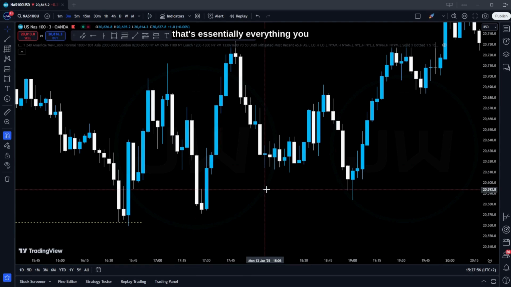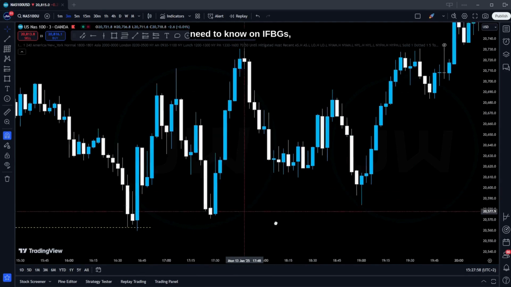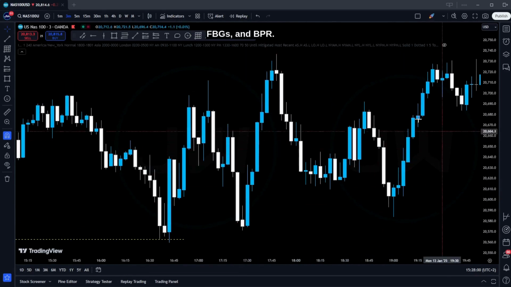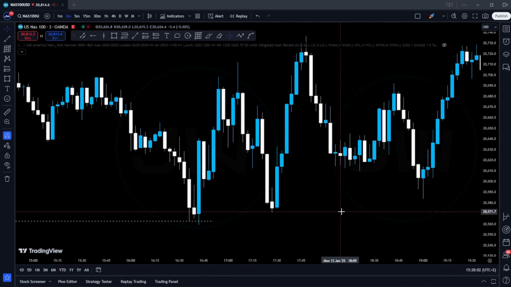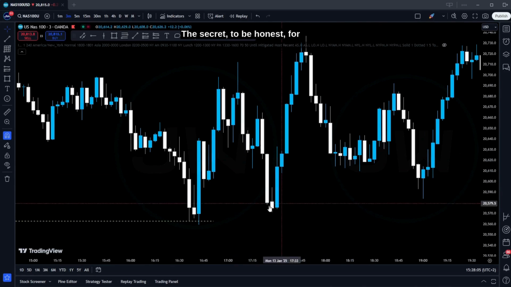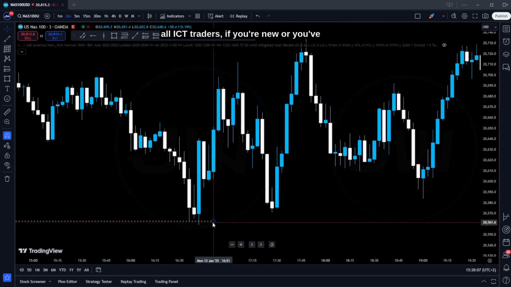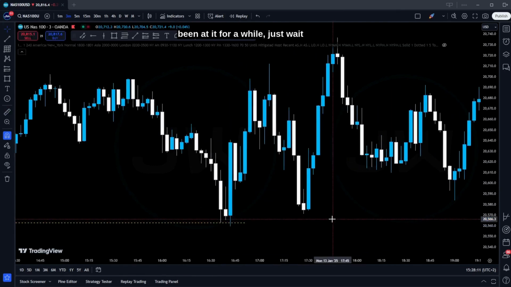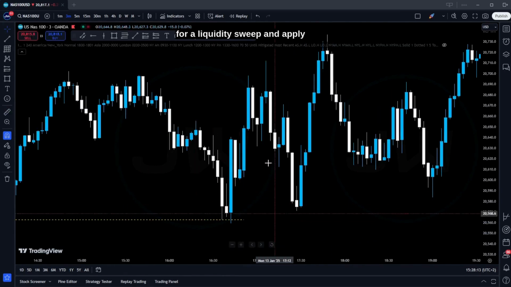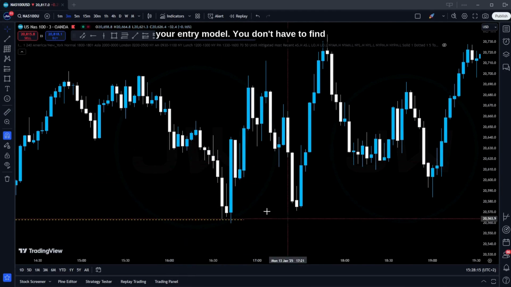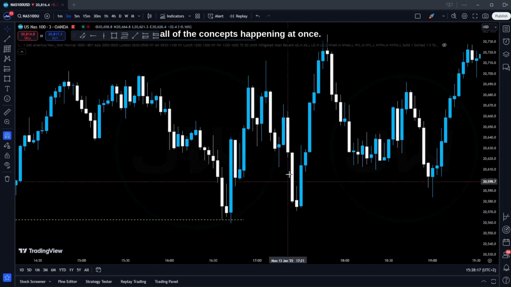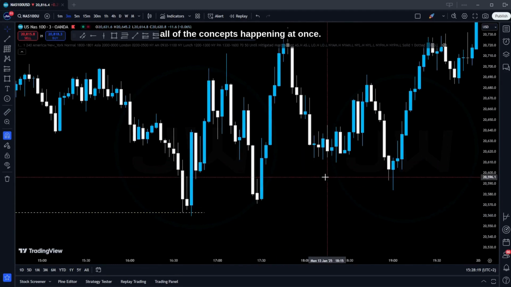And that's essentially everything you need to know on IFVGs, FVGs, and BPR. The secret, to be honest, for all ICT traders, if you're new or you've been at it for a while, just wait for a liquidity sweep and apply your entry model. You don't have to find all of the concepts happening at once.